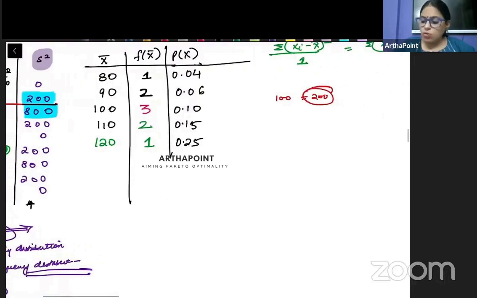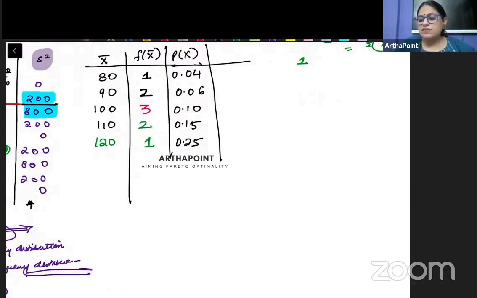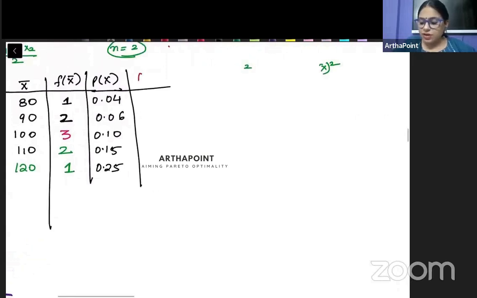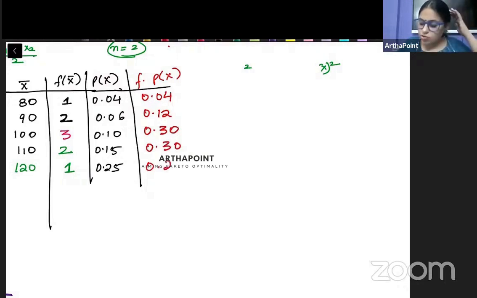Okay, beta. Now what you will do is multiply the frequency with the probability. So this will remain 0.04. This will become 0.12. This will become 0.30. And this will become 0.25.